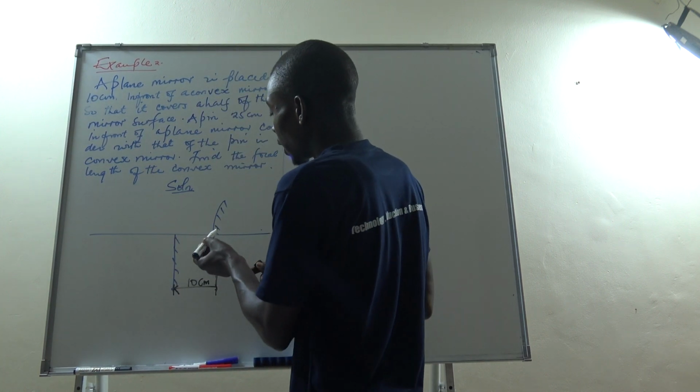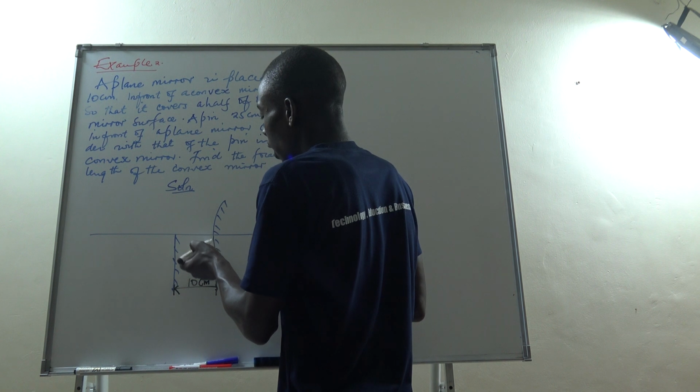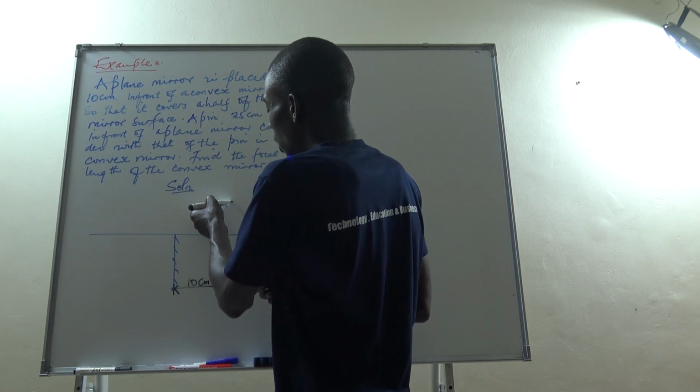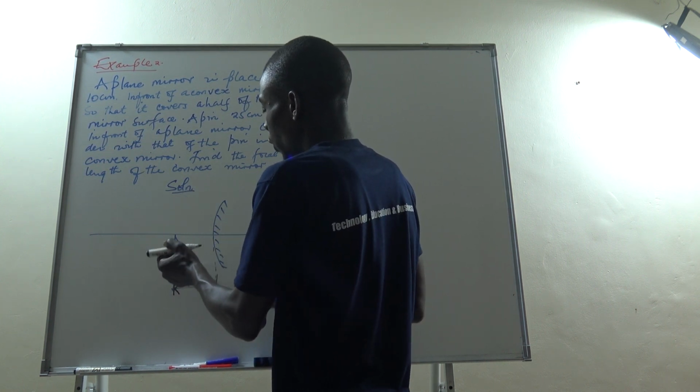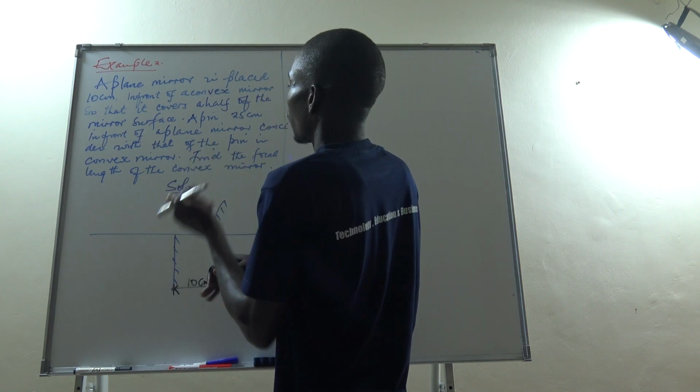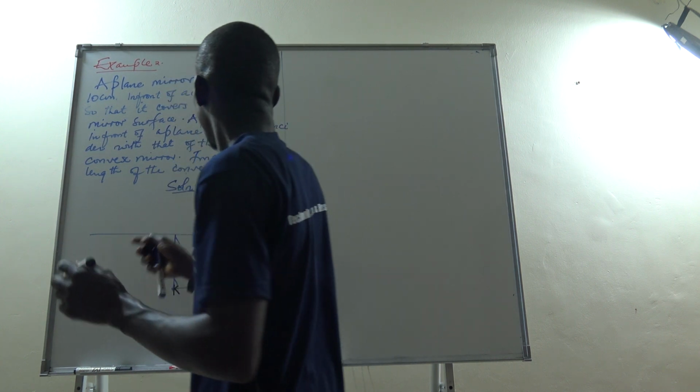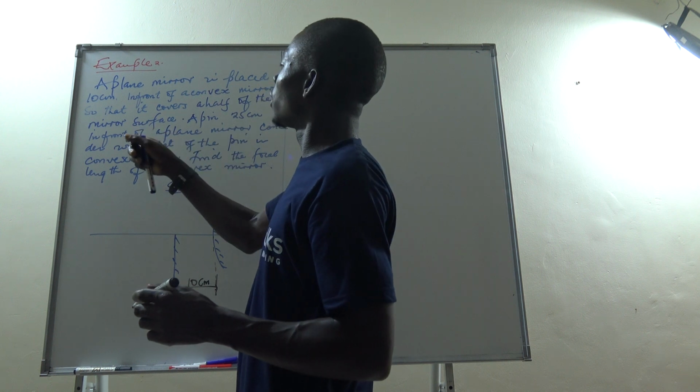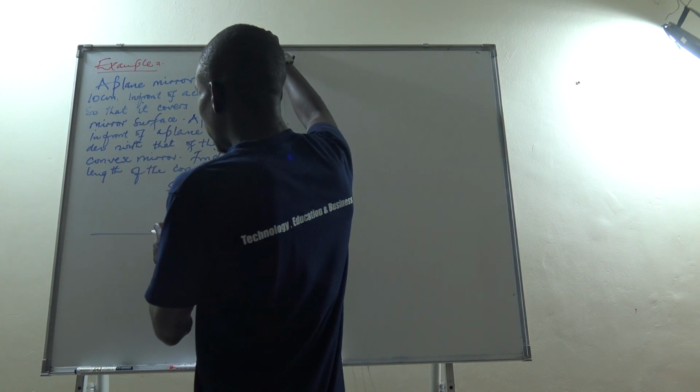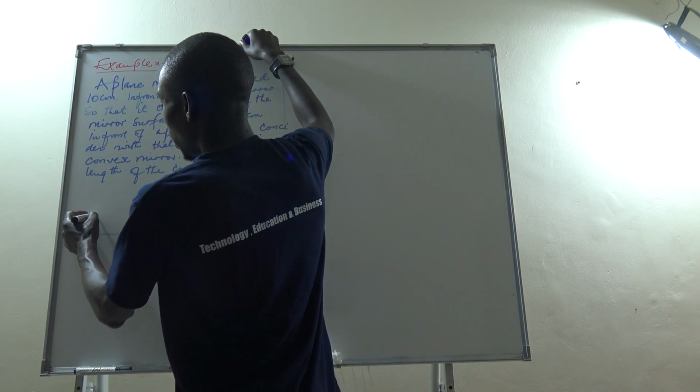And now they say it is covering half. Covering half, it means that this is a half, this is also a half of the length of the mirror, because this is the full length. Half of it, half of it. So we are covering half, leaving the other half up also to act. A pin 25 centimeters in front of a plane mirror. The plane mirror is here, so there is a pin somewhere here. Okay?